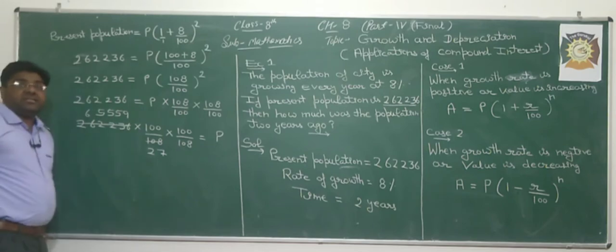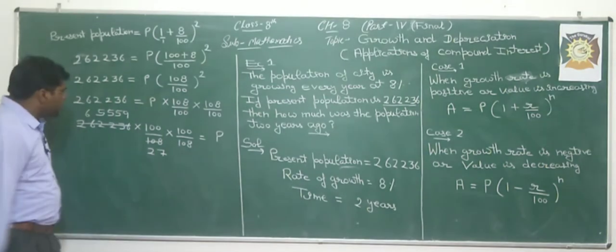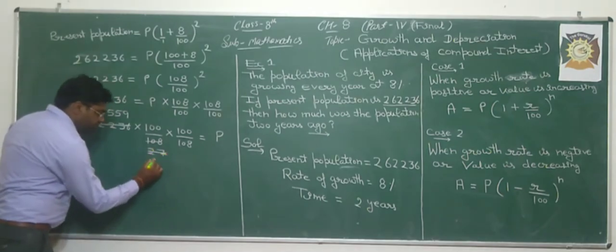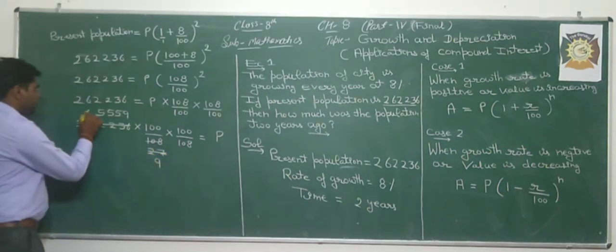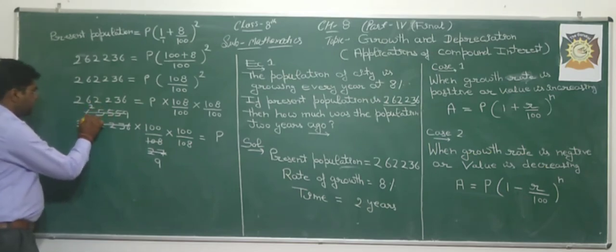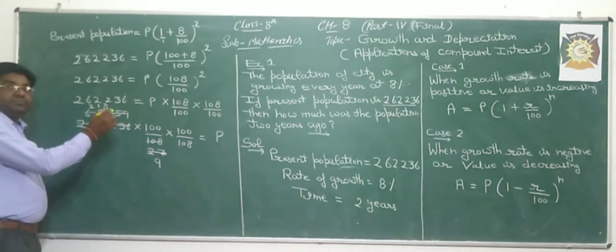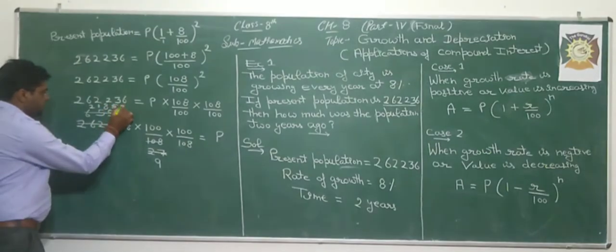Now the last digit is 9, so it is not divisible by 4, so divide it by 3. Now here 2, this is 1, this is 8, this is 5, and this is 3.